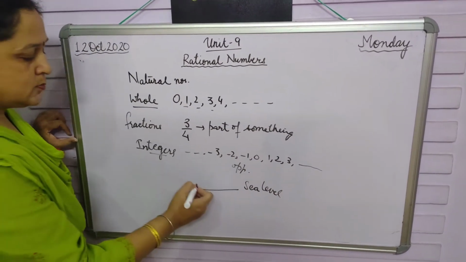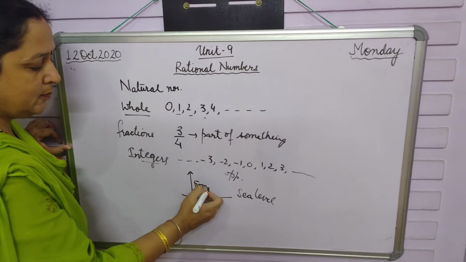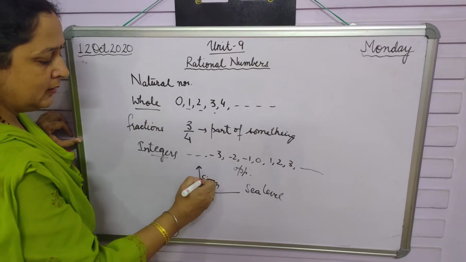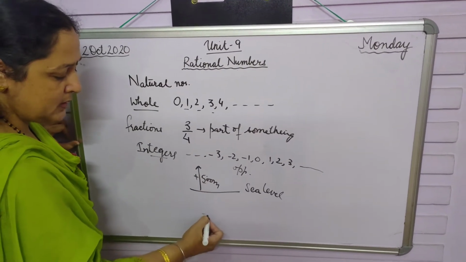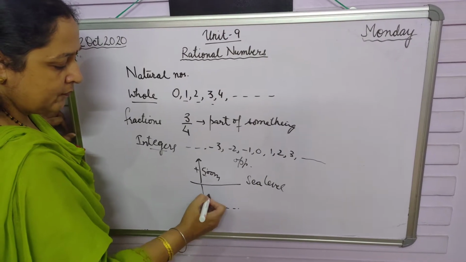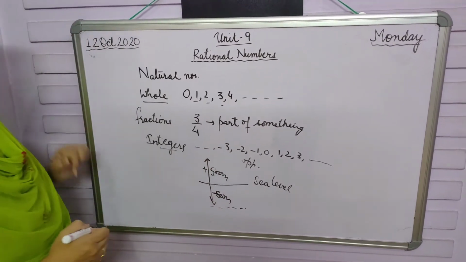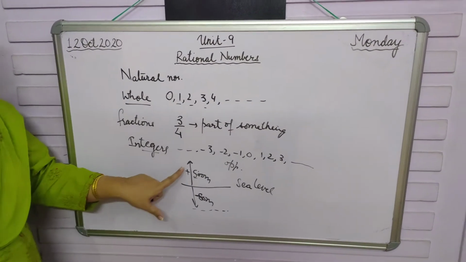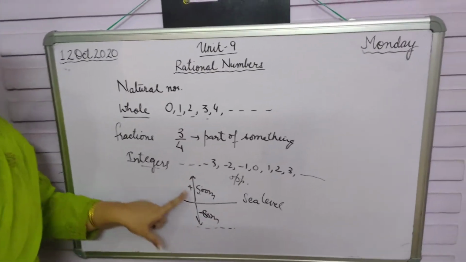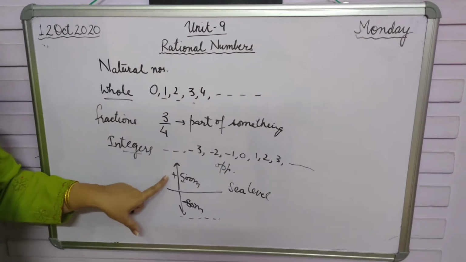If an aeroplane is flying at a distance of 500 meters above the sea level, then it is plus 500. And if a submarine is moving at a depth of 80 meters below sea level, then it is considered as minus 80.